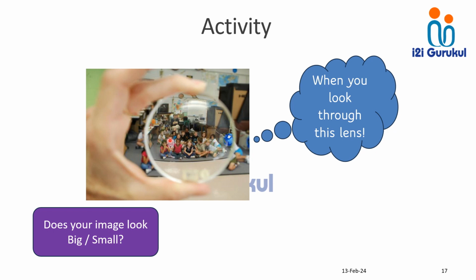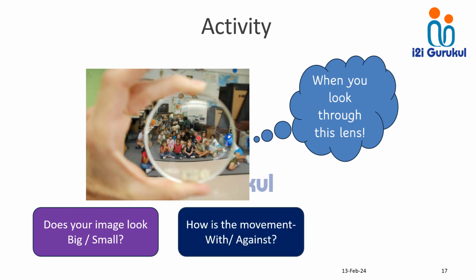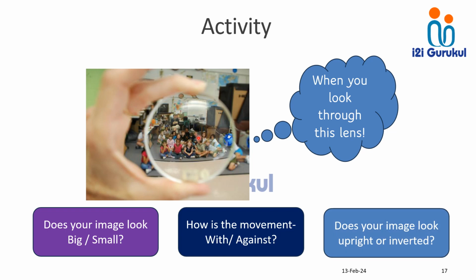When you move this lens horizontally or vertically, the image moves along with the movement of the lens. That means the image movement is with the movement in minus lenses, and the image is smaller and upright only.